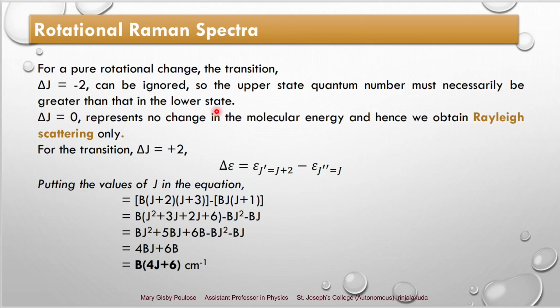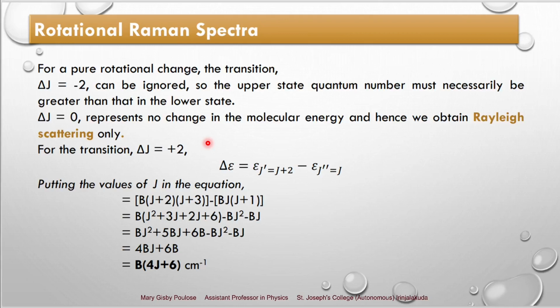Moreover, we are having the molecule excited to the upper states, so delta J must be equal to plus 2, and cannot be equal to minus 2. And delta J equal to 0 represents no change in the molecular energy. That means the radiation is falling on the molecule and it is just being scattered, and there we obtain the Rayleigh scattering. So for delta J equals 0, we get Rayleigh scattering.